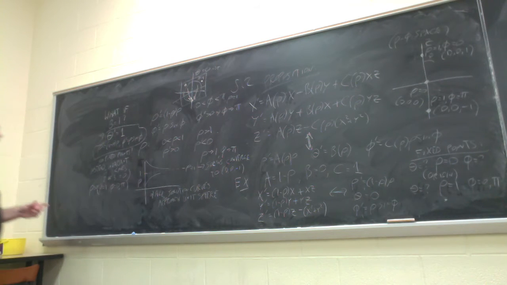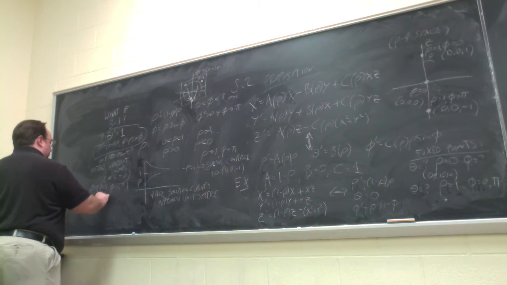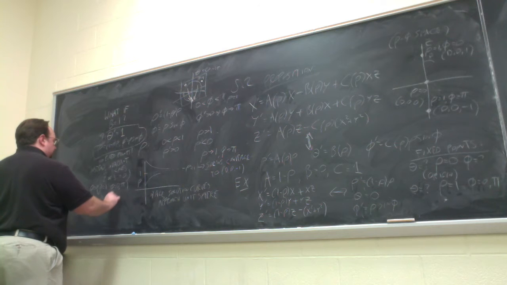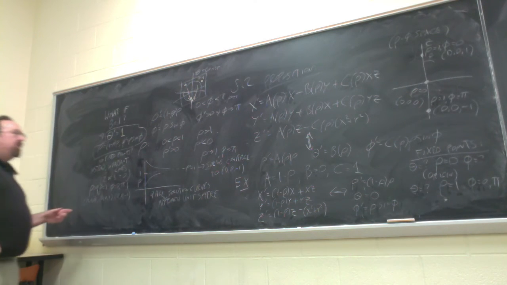But here's the thing. Where are these points? The origin, the North Pole, and the South Pole. At those 3 points, and only those 3 points, the value of theta doesn't matter. So we still have the points 0, 0, 0, 0, 0, 1, and 0, 0, minus 1, regardless of theta.